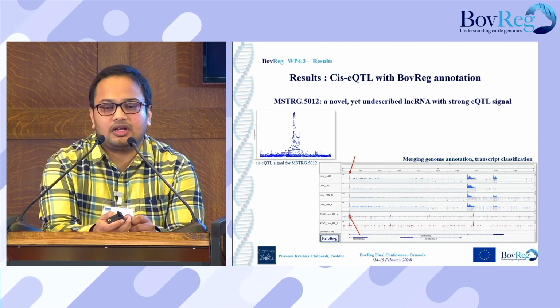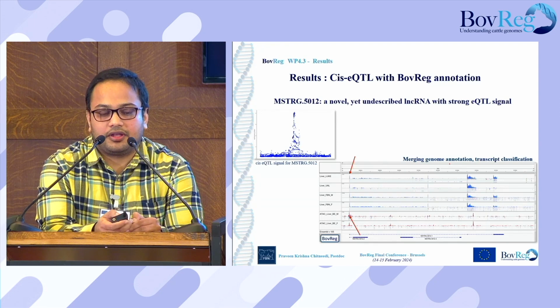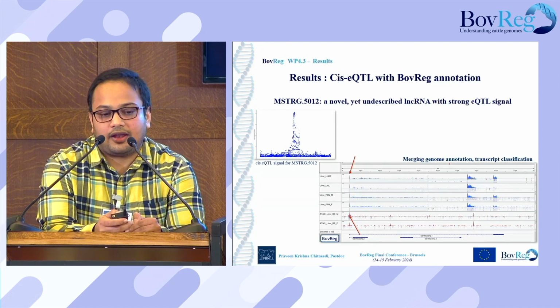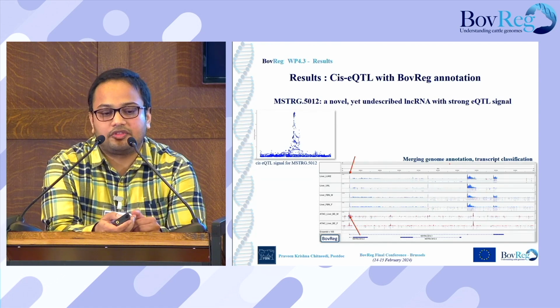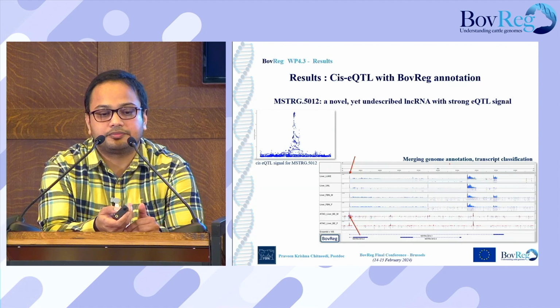Other than that, using the BovReg annotation, we found a novel and undescribed non-coding RNA signal on chromosome 6. And we also found a nice overlap of this peak with the ATAC-seq peaks in our experiments.